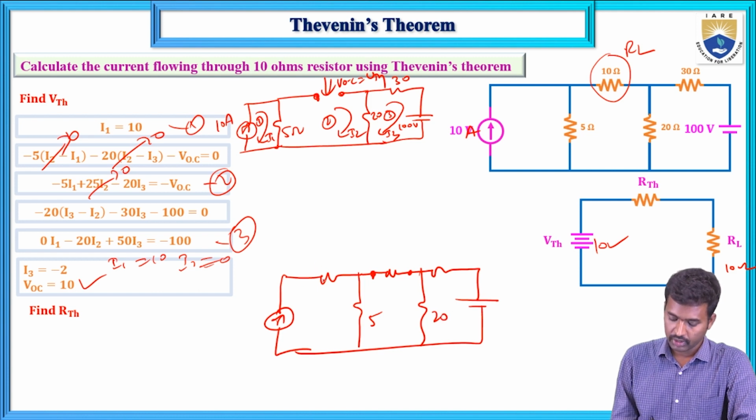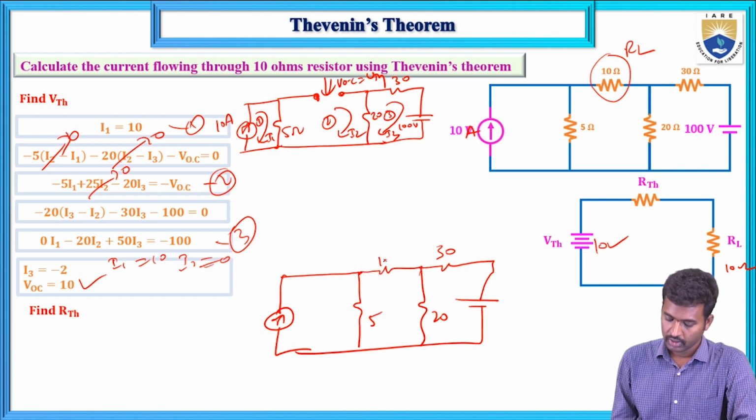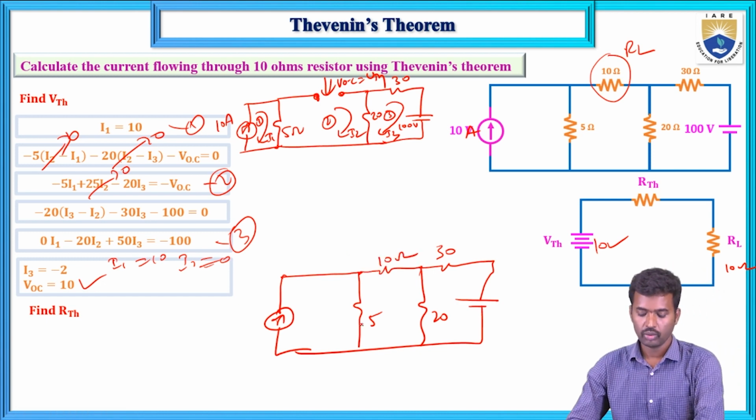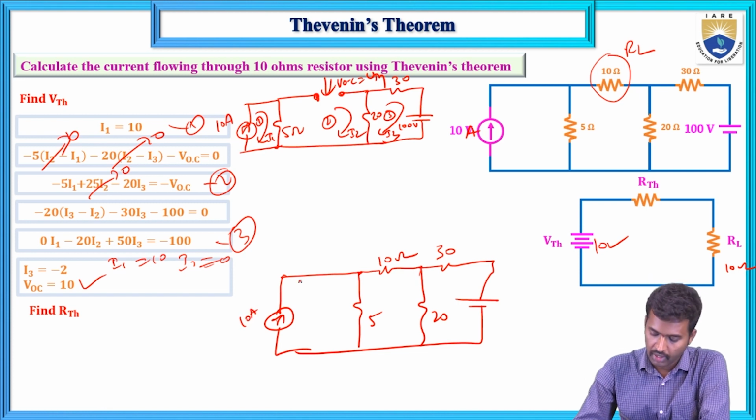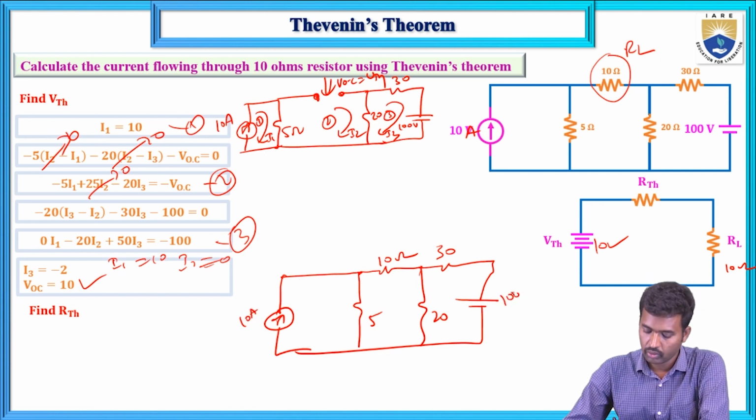Here there is no resistor, then 1 resistor, and this is 30, and here is the 10 ohms resistor. Over here this is the 10 ampere source and this one is 100 volts.